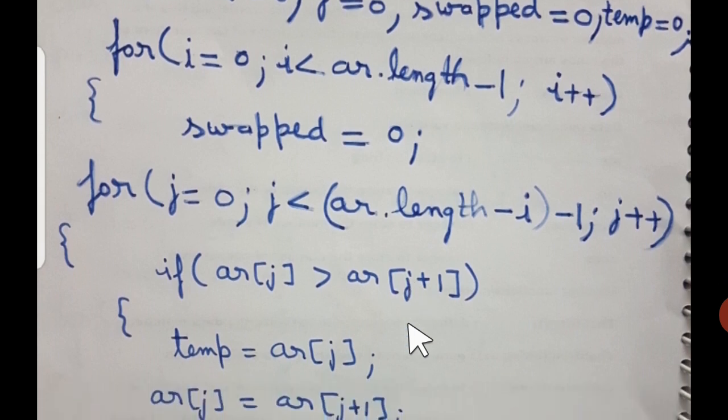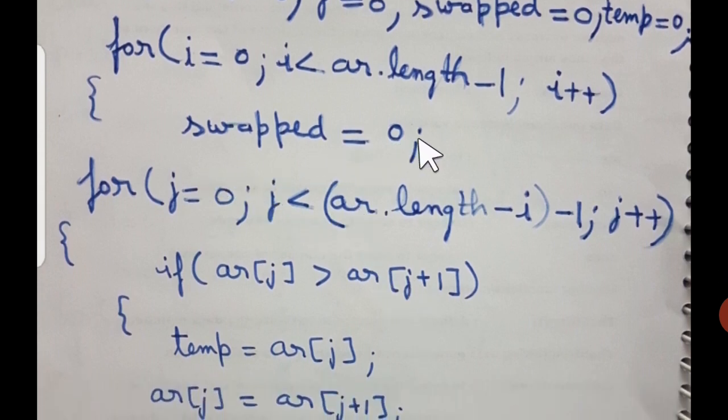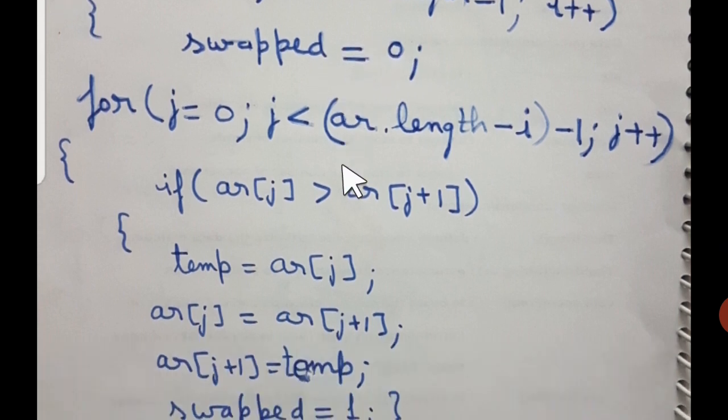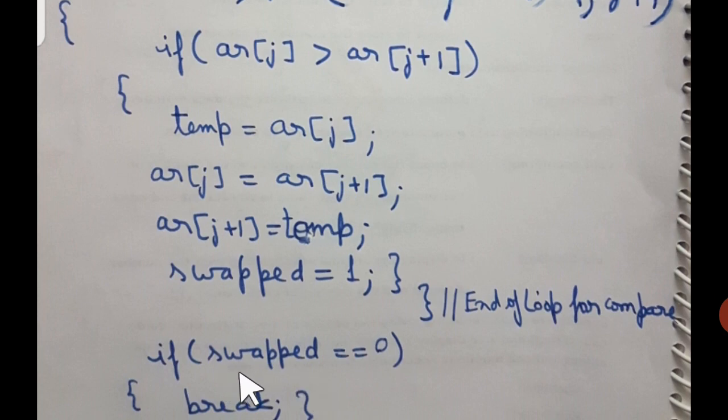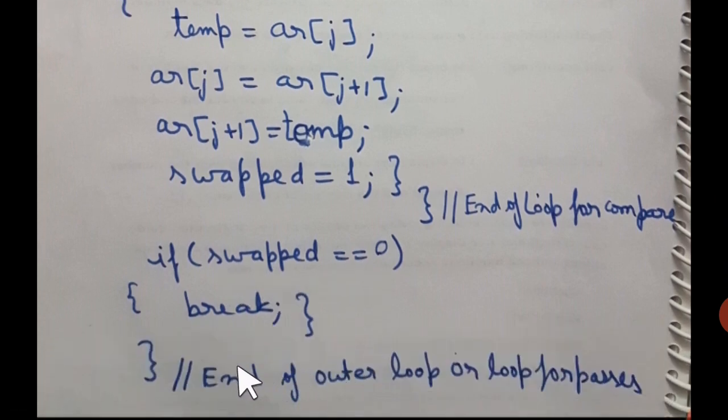So automatically swapped, as it has been reinitialized with 0, will not be modified and will not have the value 1. So when the value of swapped is 0, this condition will be executed and bubble sort will be stopped. So our problem, when the data is already sorted or very few elements are unsorted, what to do? That problem has been solved through this piece of code.